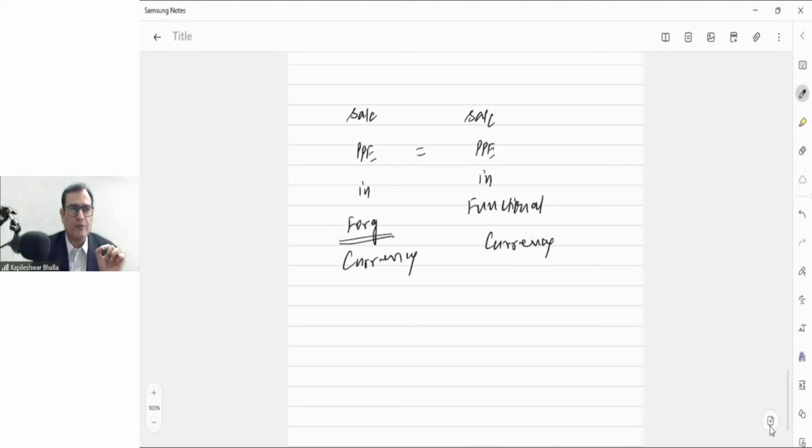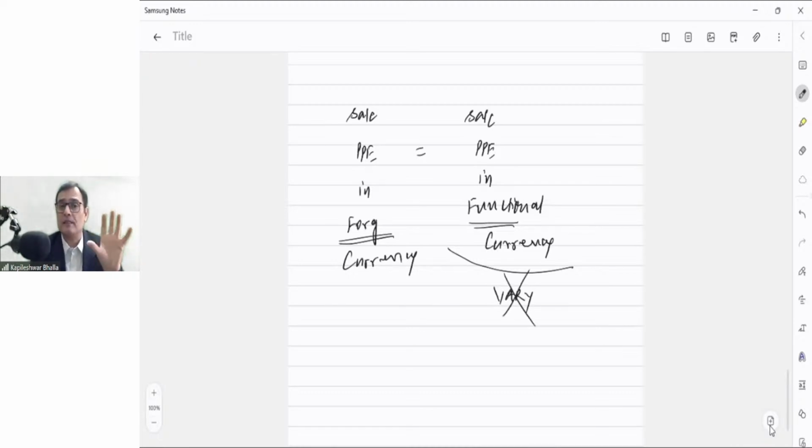Due to the foreign currency, it will lead to fluctuations in the inflows. So I said, okay, let me write the transaction in such a way that the fluctuations will not happen. So I said that there is a sale in a functional currency, which means the inflows will be fixed. This means the variations in the cash flows will not take place.